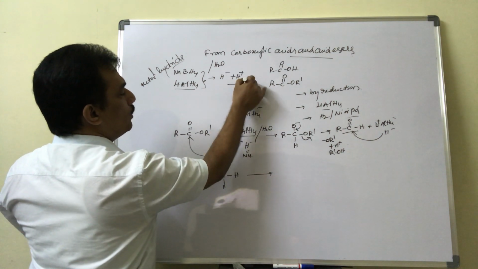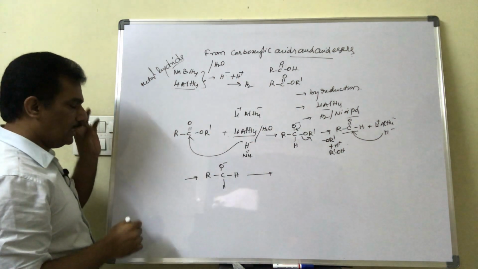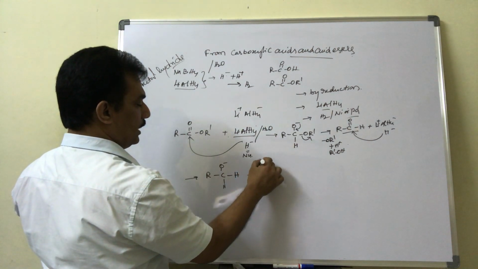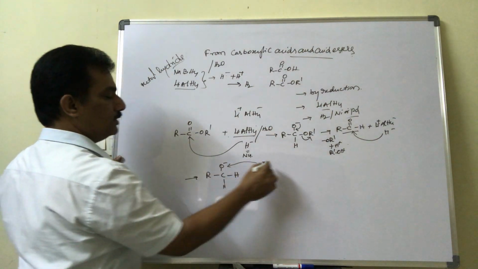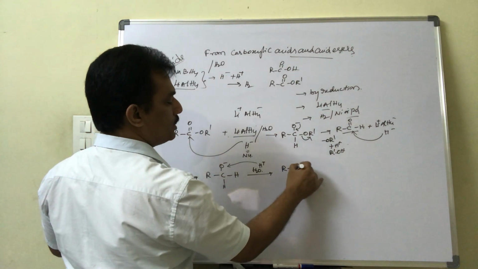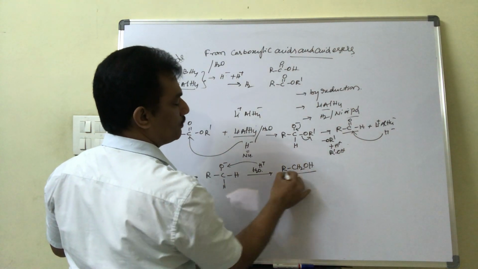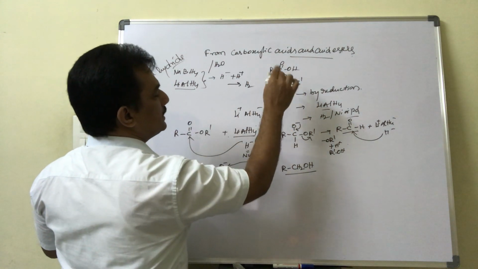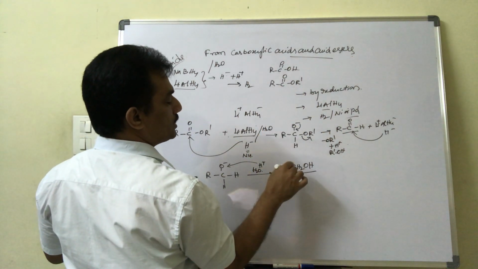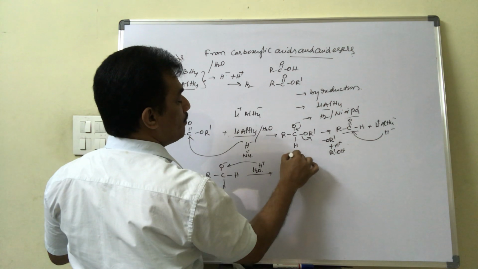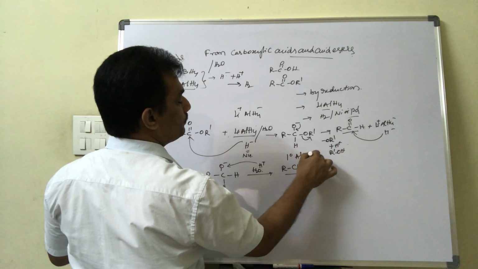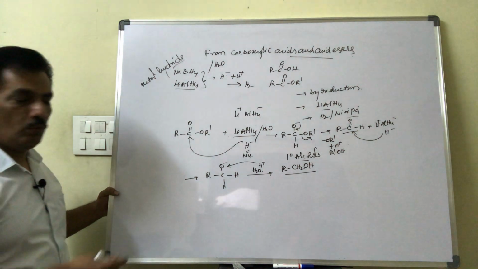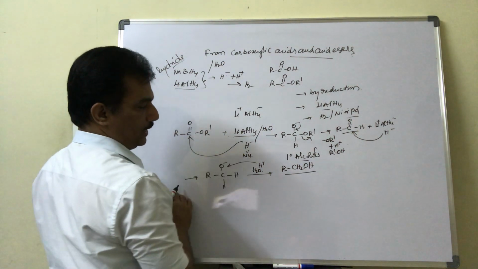Here also this water, by releasing that H+, attacks on this, where it is forming RCH2OH, like this. That means in carboxylic acids or esters, the alcohols formed are always primary alcohols, that's all, not secondary, not tertiary. Only primary alcohols we can prepare.